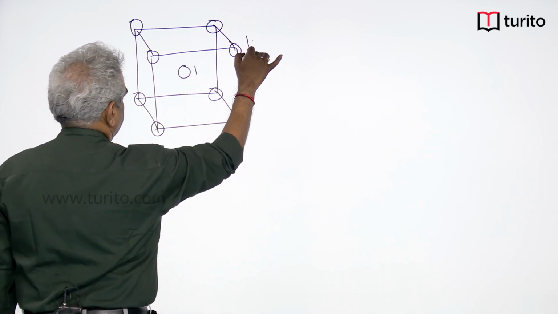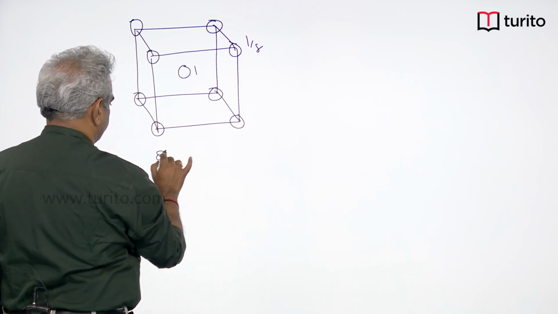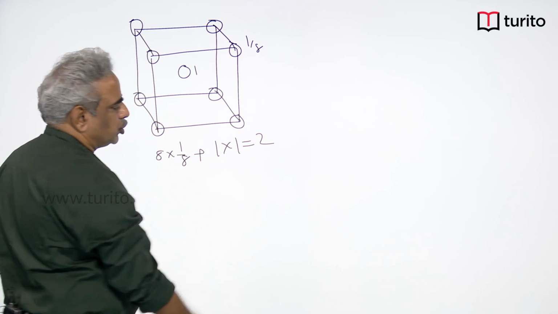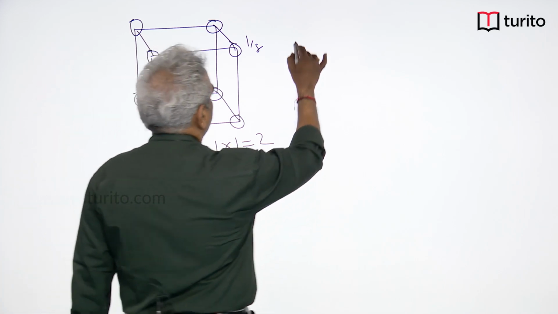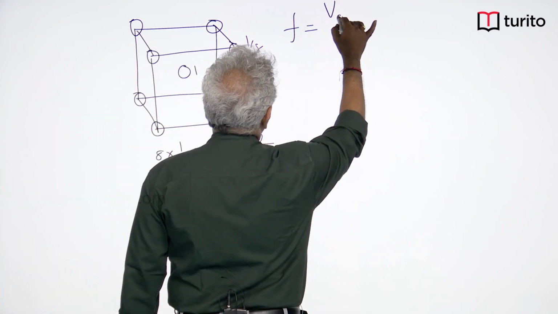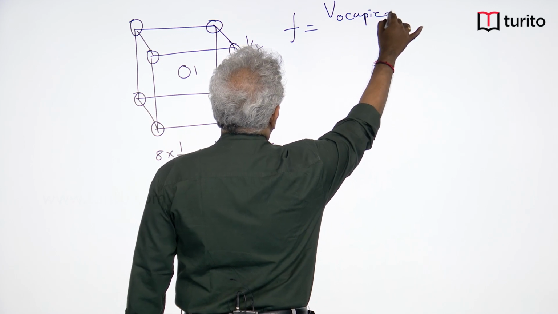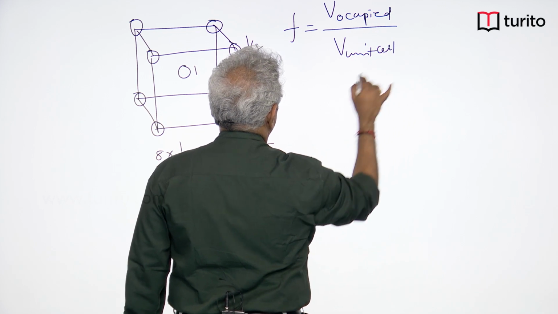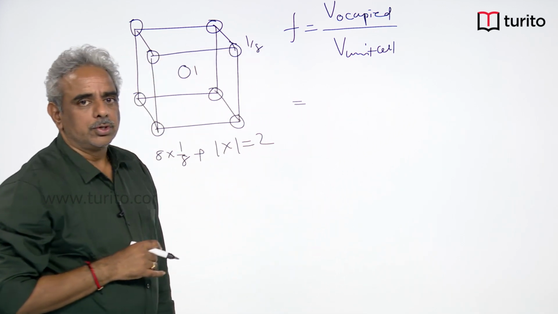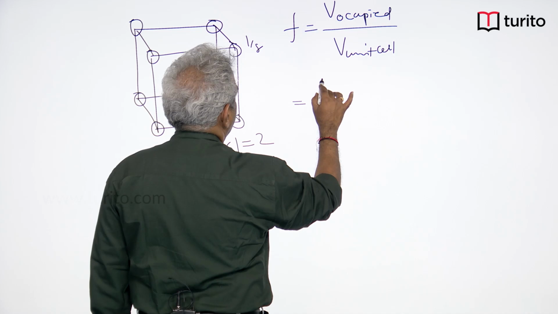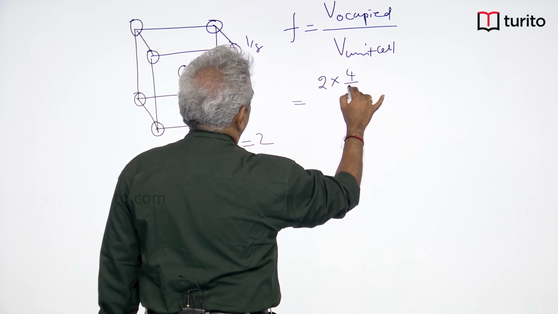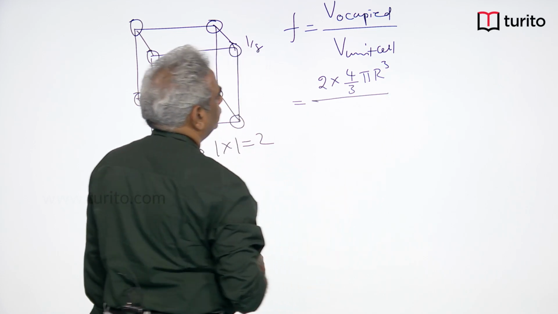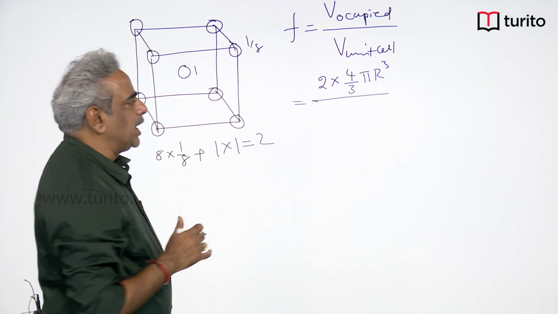See, 1 plus 1/8 times 8, so 2 atoms, 2 spheres. So, volume fraction is nothing but volume occupied by volume of unit cell. So, occupied volume, there are 2 atoms, 2 into 4 by 3 pi r cube divided by volume of the unit cell, A cube.